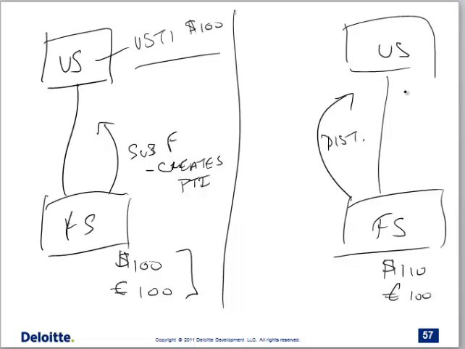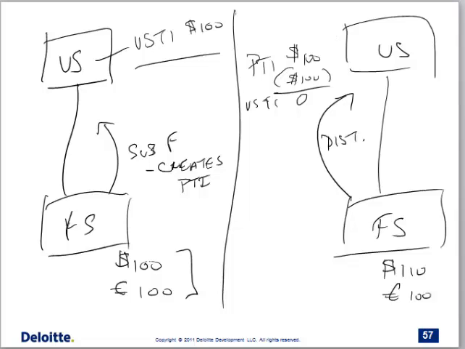It's pretty basic. But our PTI account is measured in dollars equal to what we picked up on our U.S. tax return. It's $100. So if we received a distribution of $100, then we would have no U.S. taxable income because we just take it out of our PTI account. It's almost like return of basis, right?